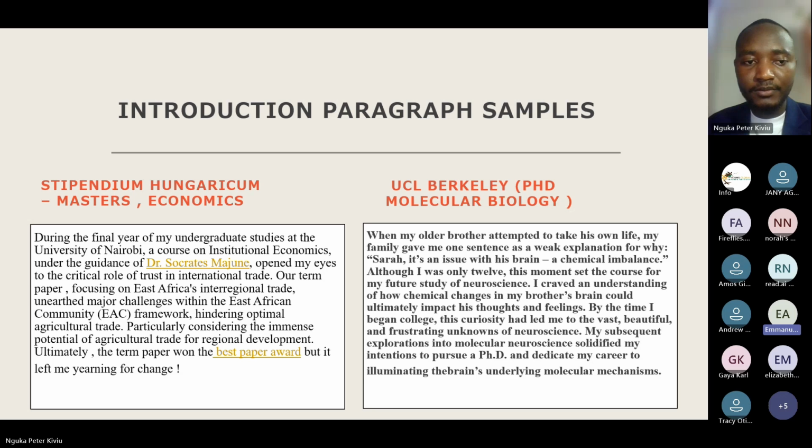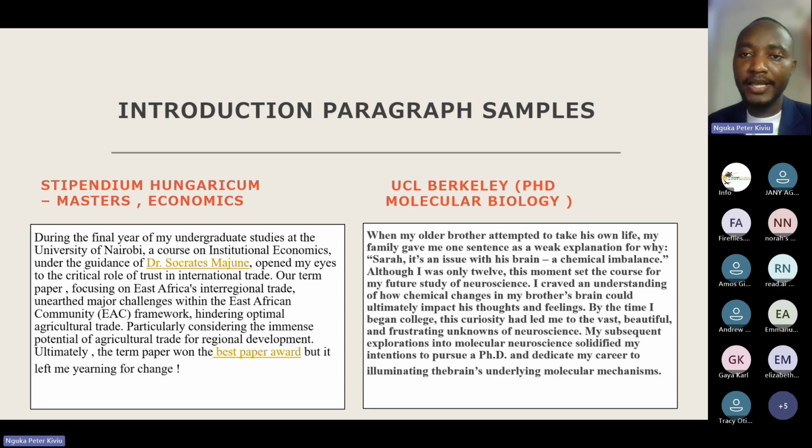Our term paper, focusing on East Africa's interregional trade, unearthed major challenges within the East African Community framework, hindering optimal agricultural trade, particularly considering the immense potential of agricultural trade for regional development. Ultimately, the term paper won the Best Paper Award, but it left me yearning for change.